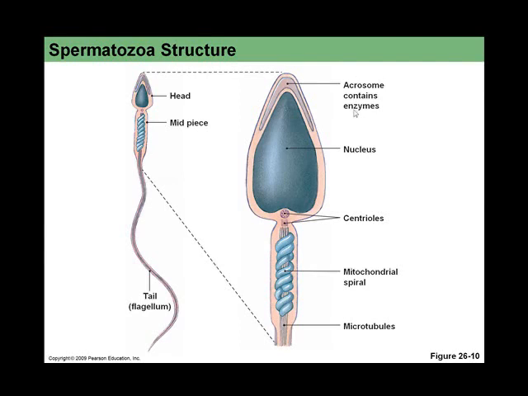There's an acrosomal reaction and everything, so that it can undergo conception and contribute to fertilization. The centrioles link the head with the midpiece, and this is where a lot of the ATP is needed, so you have the mitochondria just all spiraling around this structure that needs it tremendously.